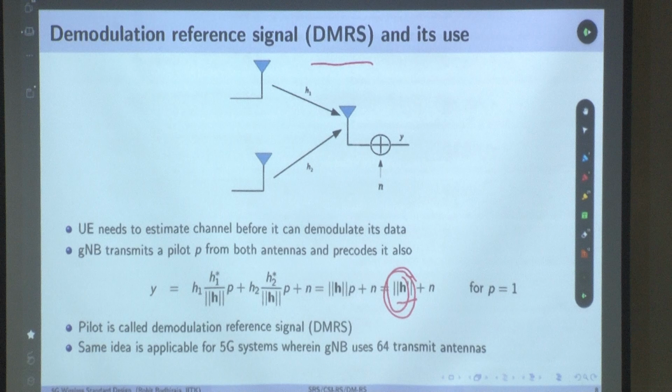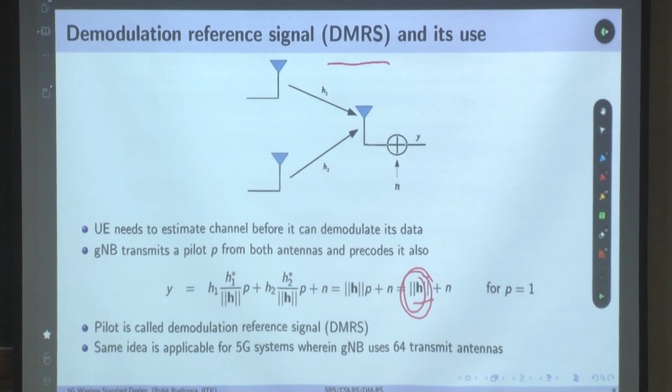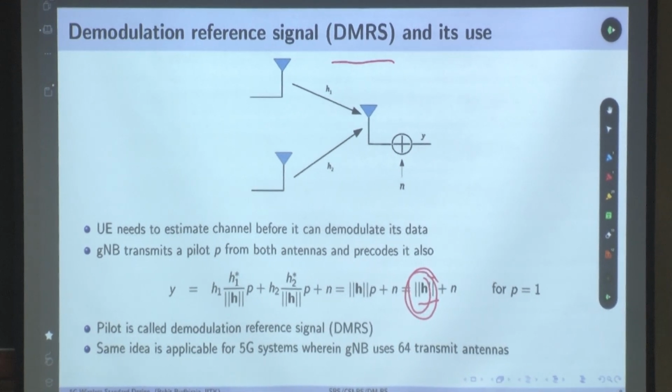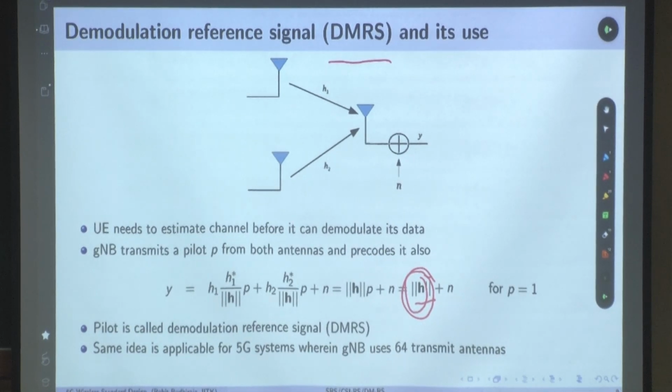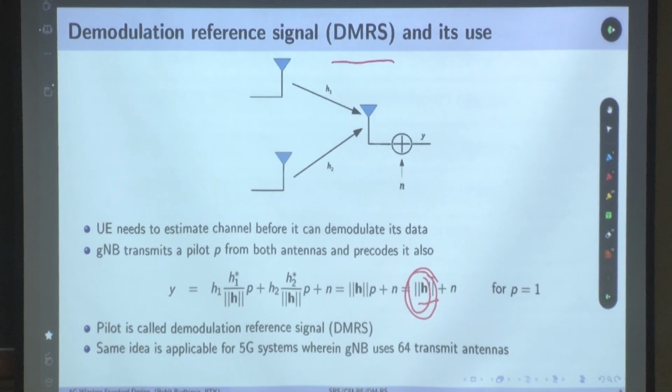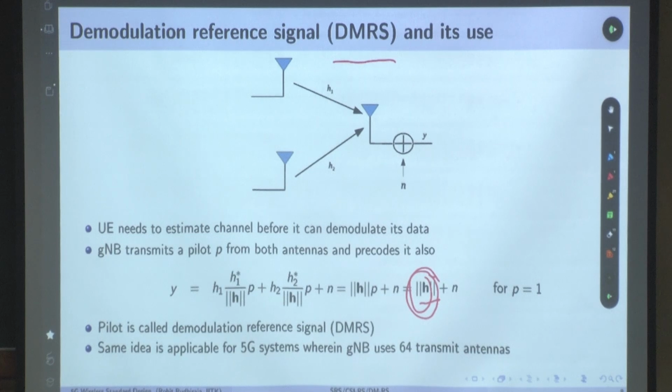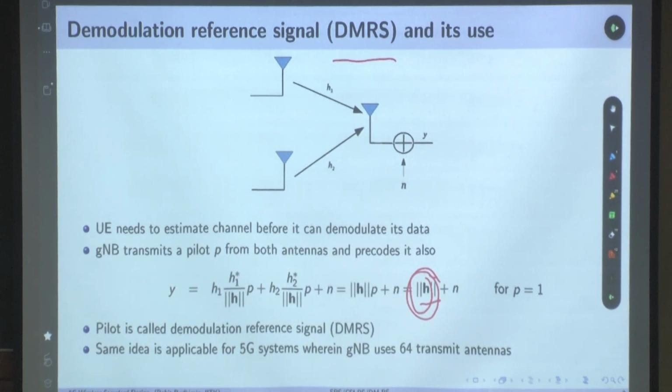You will see this H is the latest channel information, but along with this, the data has come, and that data is transmitted using old MCS information, because that is the best information the base station had when it had to transmit the PDSCH.